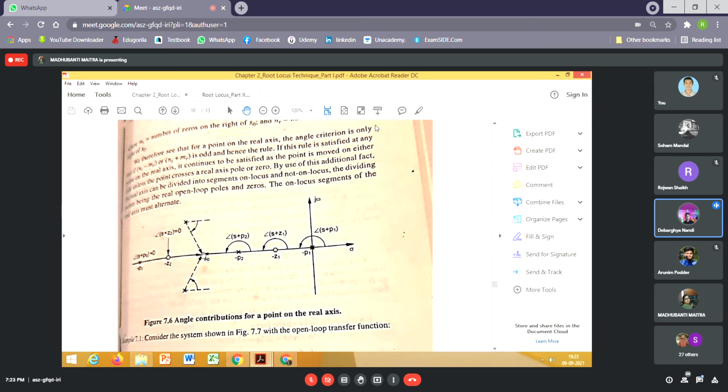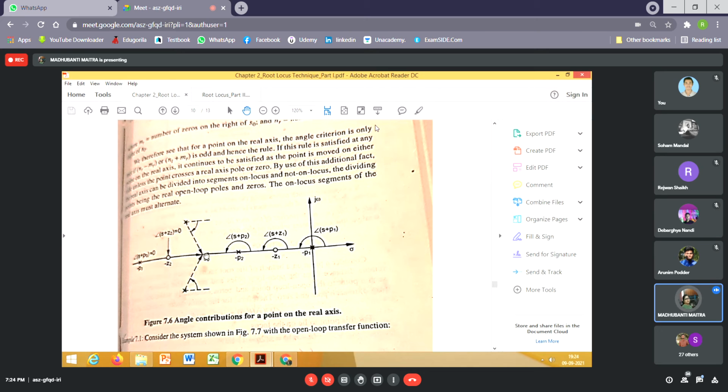So if a point is an on locus point, then if I shift this point towards right or towards left, all the points on this particular segment will be on locus points.